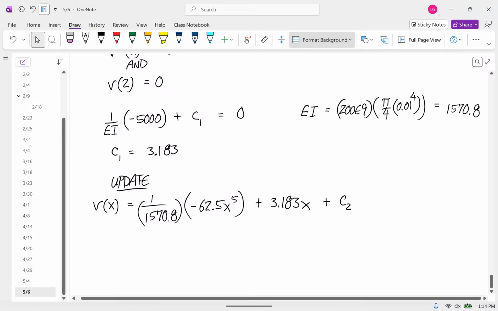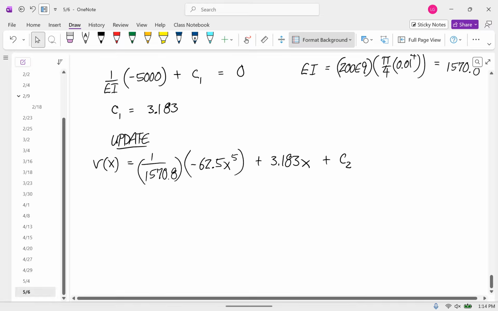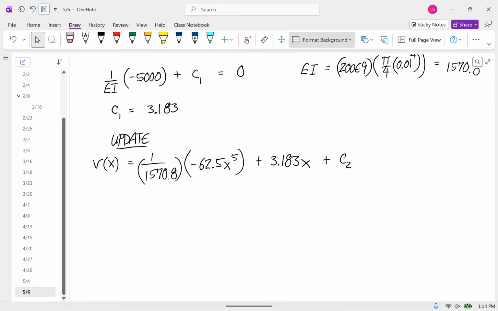And now we'll do the deflection restriction at x equals 2. So that divided by 1570.8.